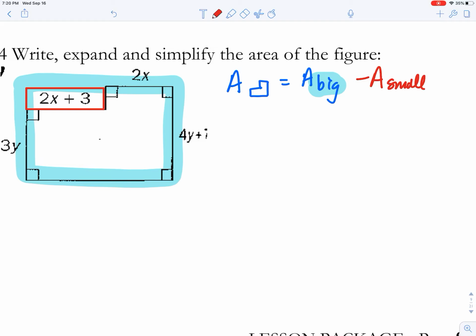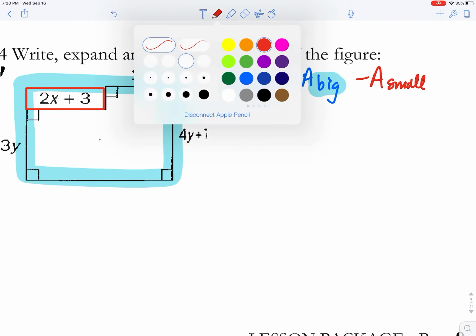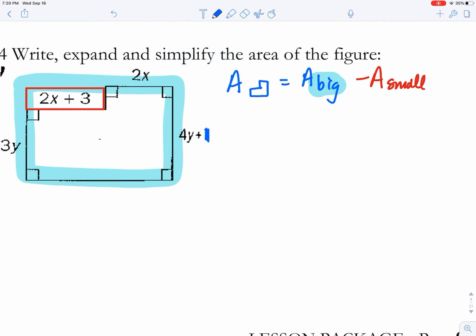If we find the area of the big rectangle, this didn't really show up very well, this should be a 1, so that whole height is 4y plus 1. So the area of the big is going to equal 4y plus 1 tall. And then we want to find out how long it is all the way across.